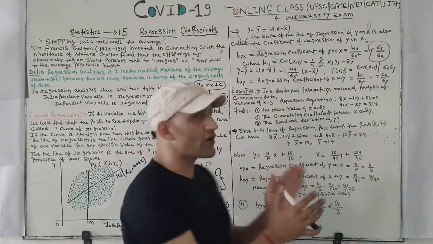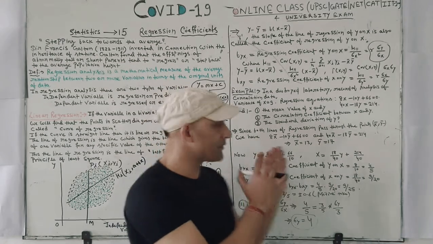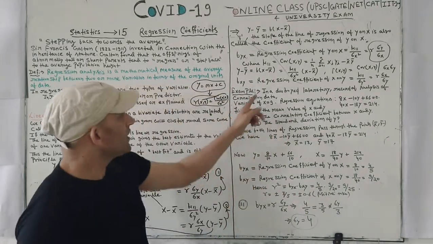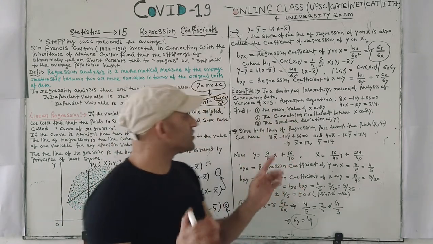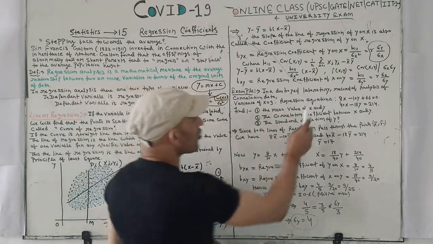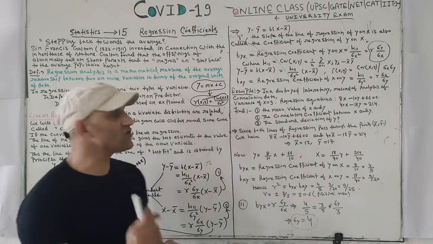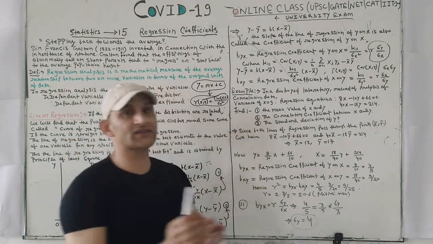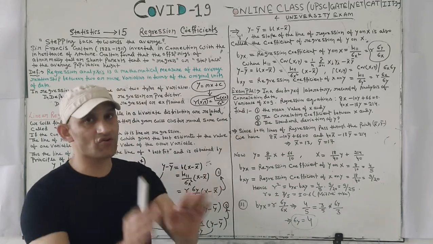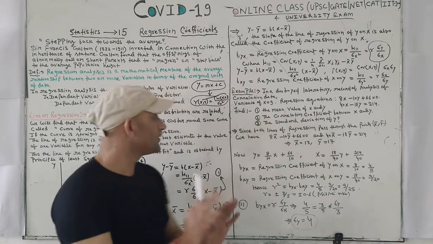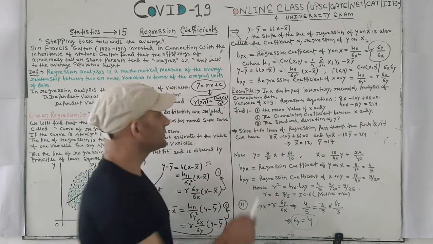Now I am explaining one question that came in your previous year exam. In a destroyed laboratory record of analysis of correlation data, he has given you the variance of x is equal to 9. Already he has given the variance of x, so you can also find the standard deviation.